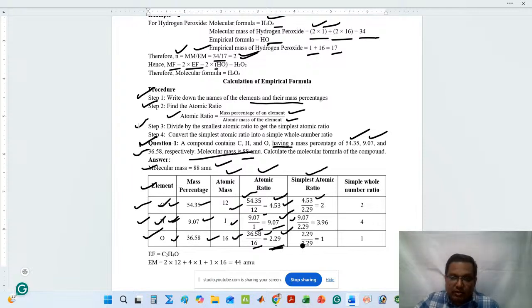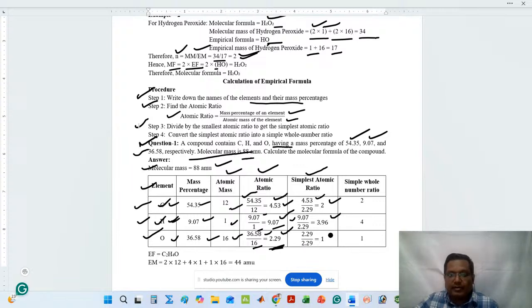Next, 2.29 divided by 2.29. So here 4.53 divided by 2.29 is equal to 2. 9.07 divided by 2.29 is equal to 3.96. 2.29 divided by 2.29 is equal to 1.